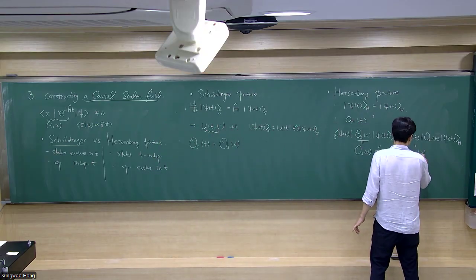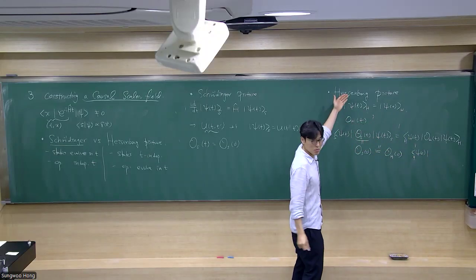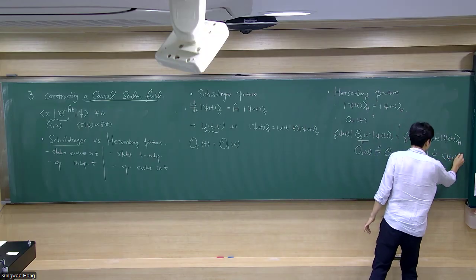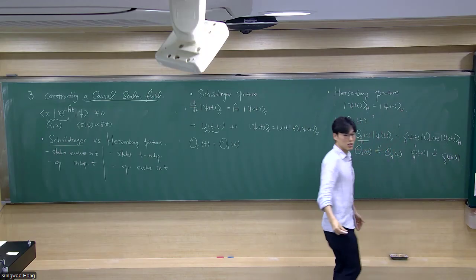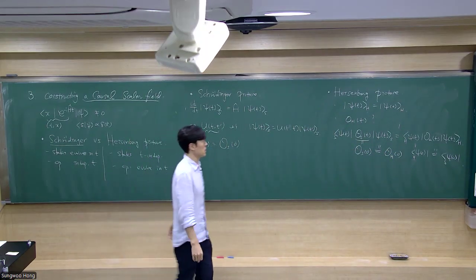You can choose that this doesn't evolve because that's the property of the Heisenberg picture, and then choose once again that it matches the Schrodinger picture state at time equal to 0. That's the matching point of the two descriptions.